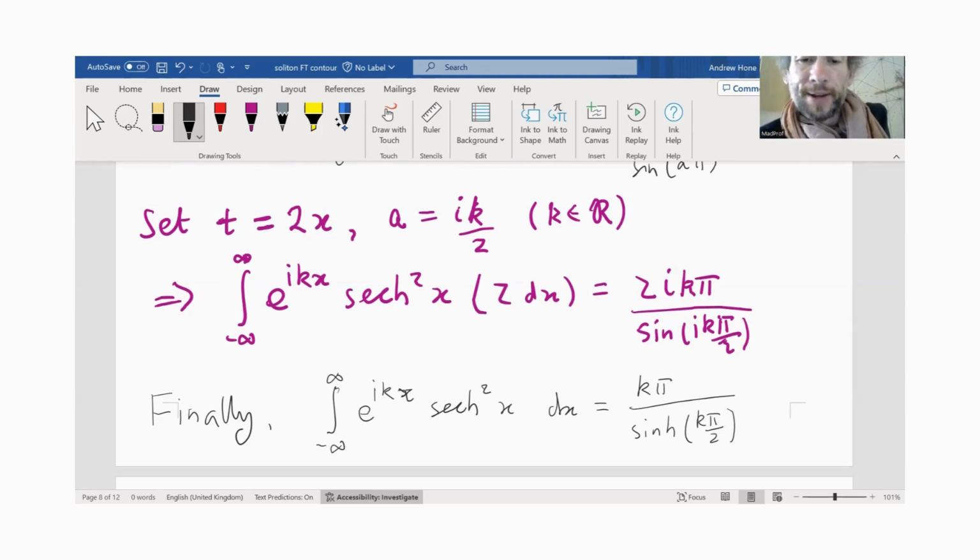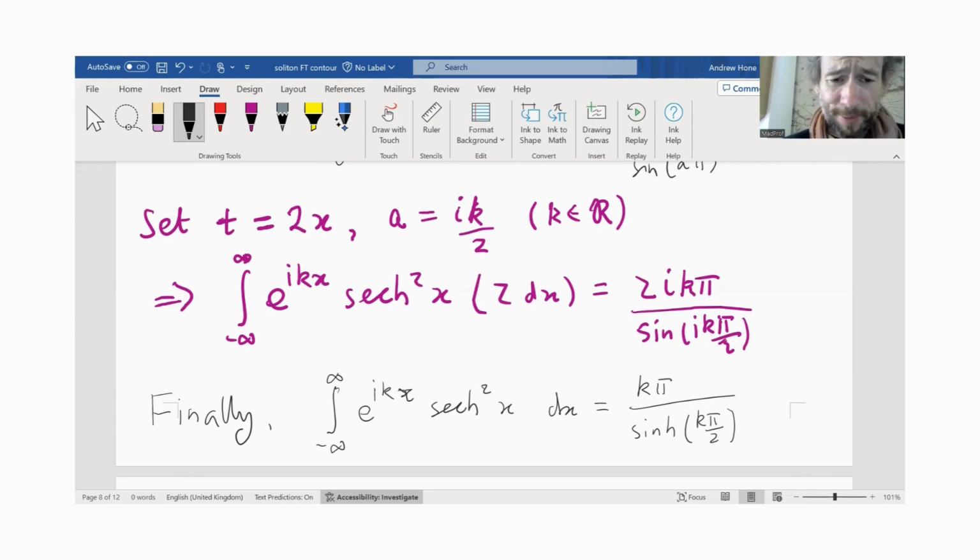And this is a real valued integral for real k. It's easy to see that the real part of this integral on the left is, a priori, as I said, a complex integral because e to the ikx is complex, but the real part gives you cos kx sech-squared, which is an even function, so that's a real thing.